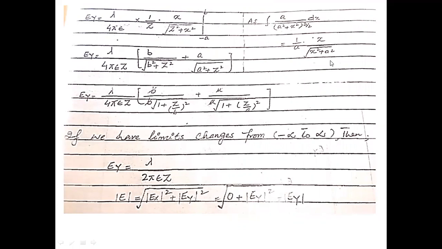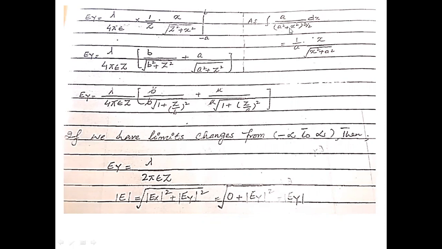So lambda over 4 pi epsilon, integration of 1 over z, x over the square root of z square plus x square. This is actually the formula for integrating a over x square plus a square whole power 3 by 2 with respect to dx, where a is the constant and x is the variable.